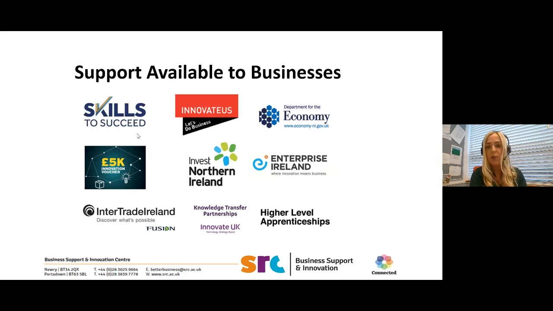As well as that, we also have the Skills Focus programme, which is also funded by the Department for the Economy, and it's for businesses under 250 employees or social enterprises. There's a wide range of courses in that. But most popular in this area would be the Innovate Us programme, which is what Jimmy and Kieran work on. It's funded by the Department for the Economy, and it offers 30 to 60 hours of mentoring.